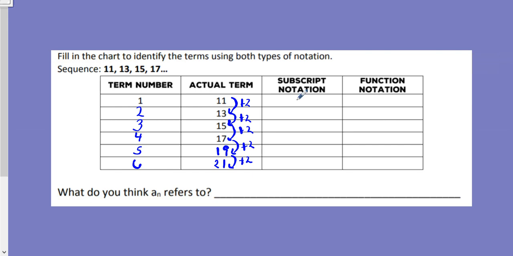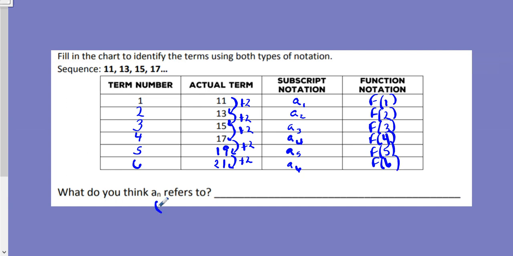So in subscript notation, I would have A1, A2, A3, A4, A5, A6. And in function notation, I would have f of 1, f of 2, f of 3, f of 4, f of 5, and f of 6.